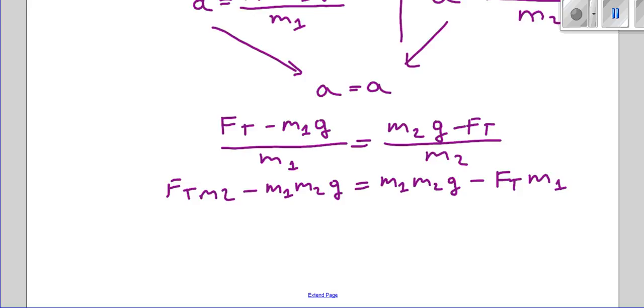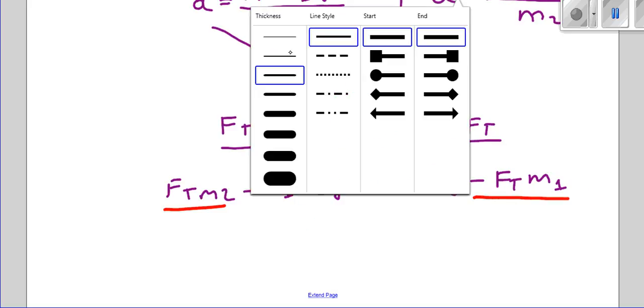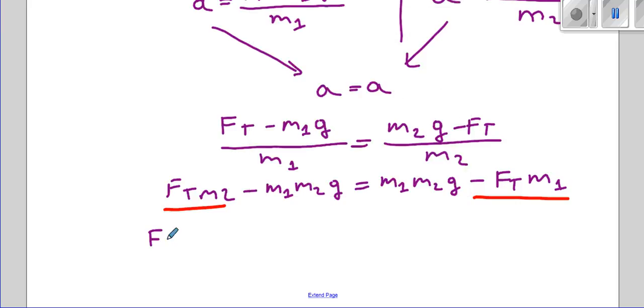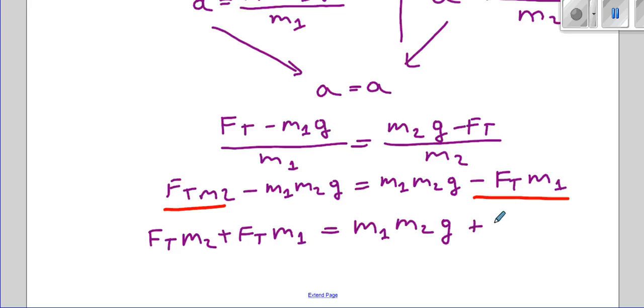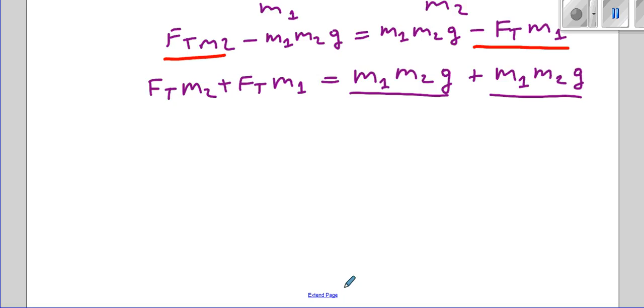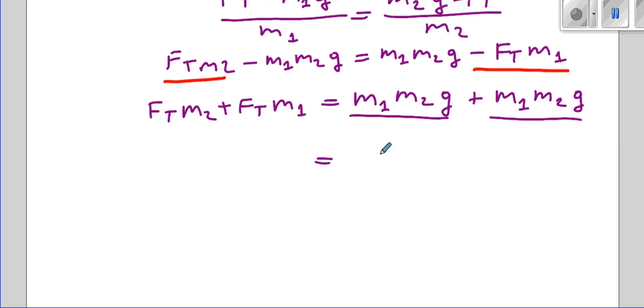Now we can move all the Ft's to one side, which means that I will combine these two eventually, and I'm going to move the other variables to the other side. This turns out to be Ft M2 plus Ft M1. That is equal to M1 M2 g plus M1 M2 g. You'll notice that these two are identical, so really we have two of them, so we can express that in the next line as 2 M1 M2 g.